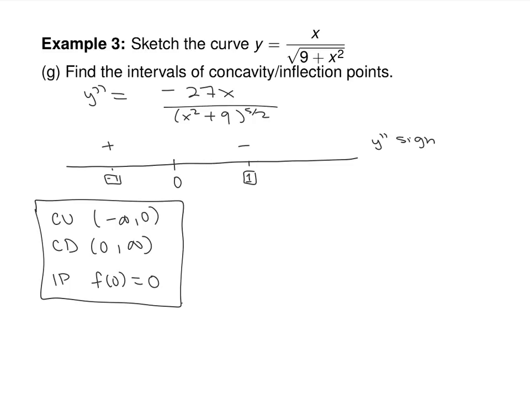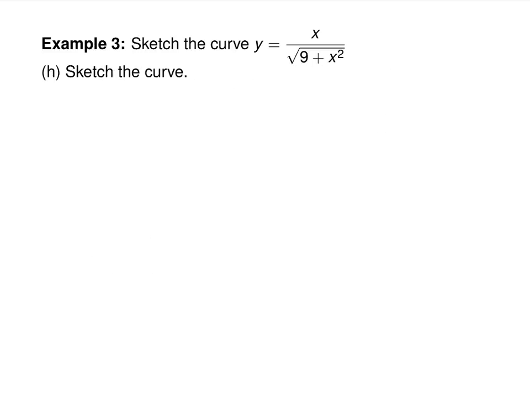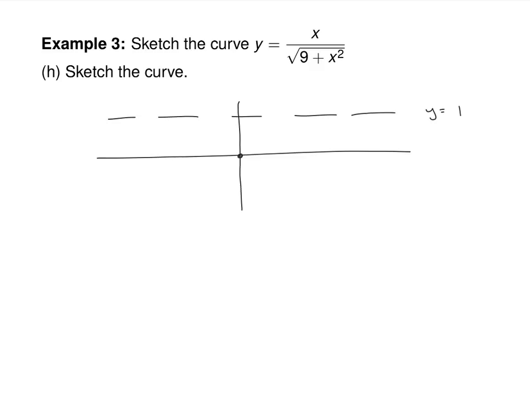This curve. So, you go through the origin. You have a horizontal asymptote at y equals 1, and also one at y equals -1. And I think that initially you're concave up, right?